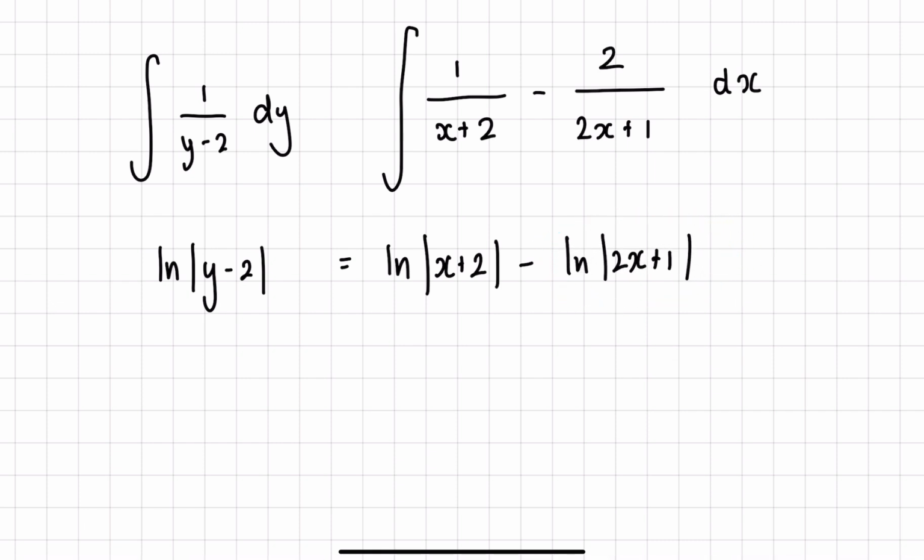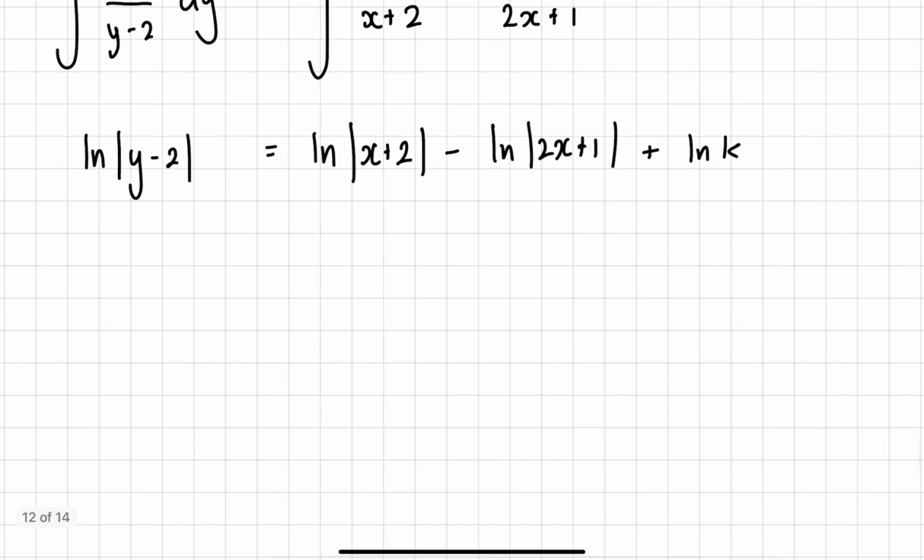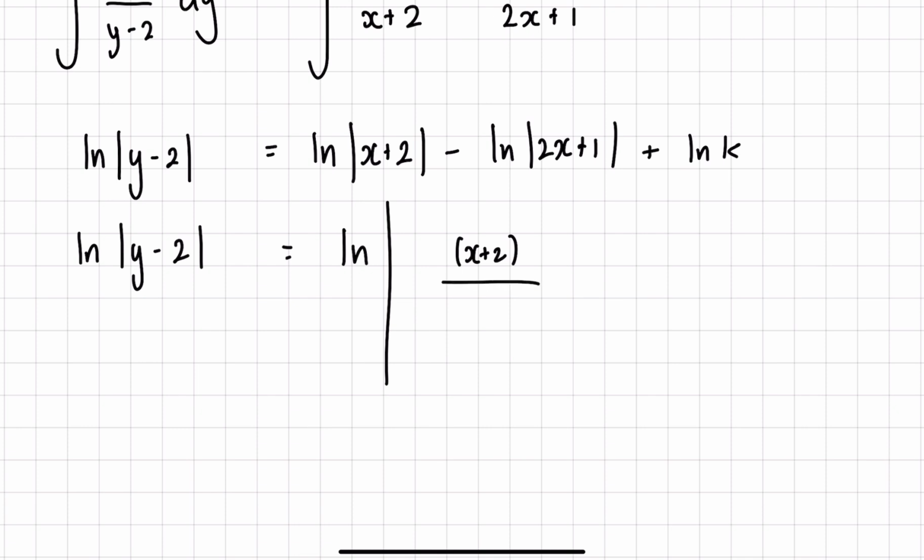So I'll keep that there. And we've got plus c, which I'm just going to write as natural log of k. That's fine there. Okay, so we're going to divide these guys, and then we're going to multiply it by k. So natural log y minus 2 equals natural log, let's just make this really large, x plus 2 all over 2x plus 1 multiplied by k. Lovely there.